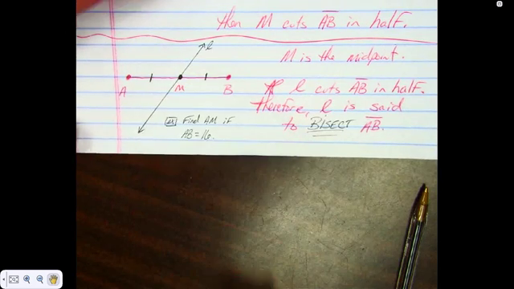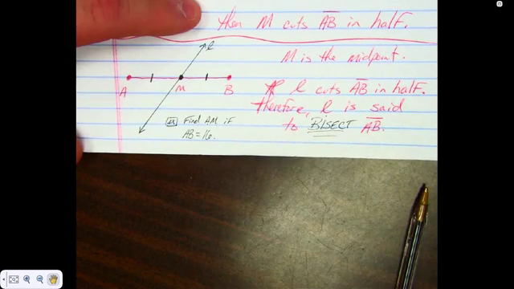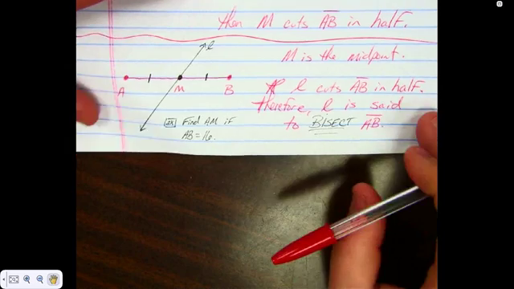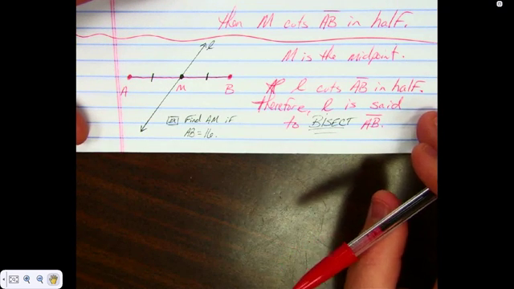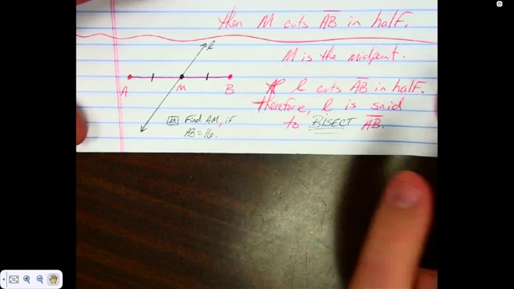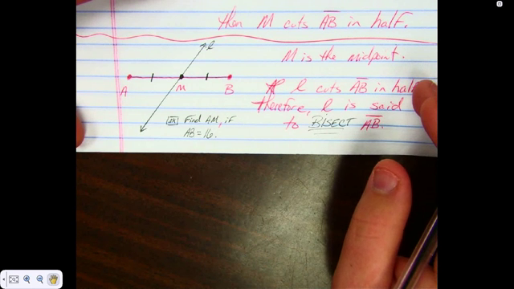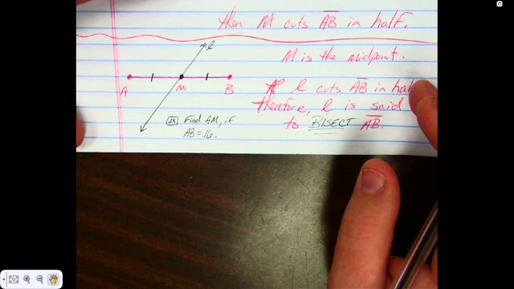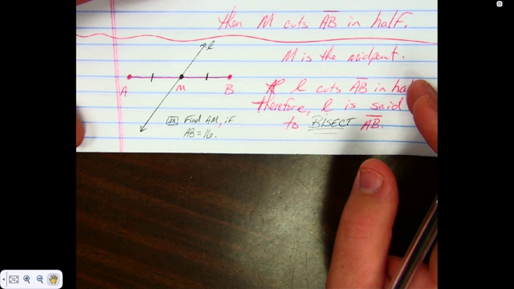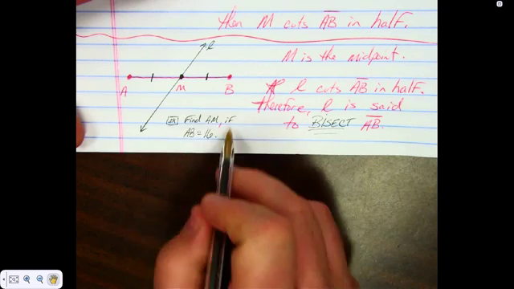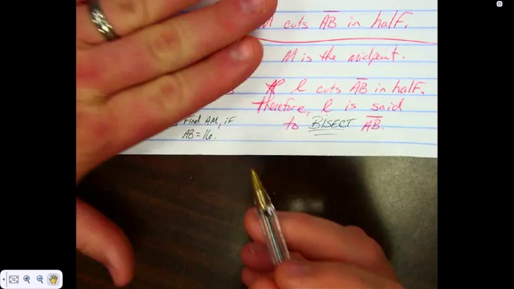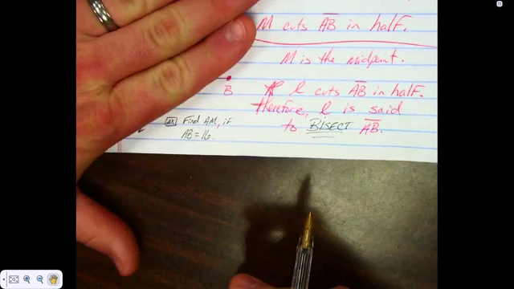Start with a very easy example. Find AM if AB is equal to 16. You know why you guys are confused? Because if I had no picture drawn, would that make any sense at all?